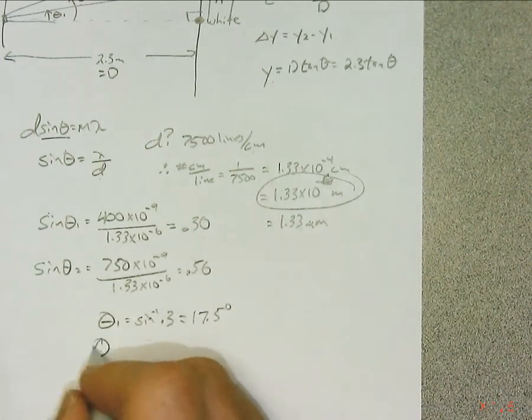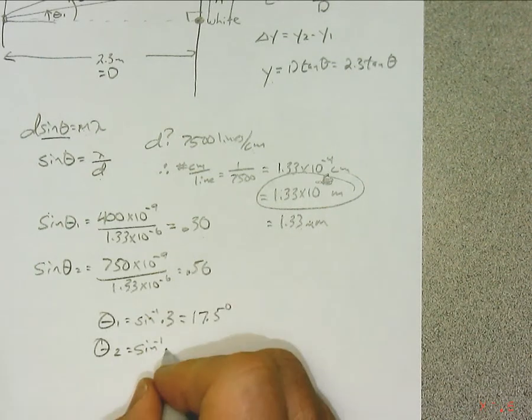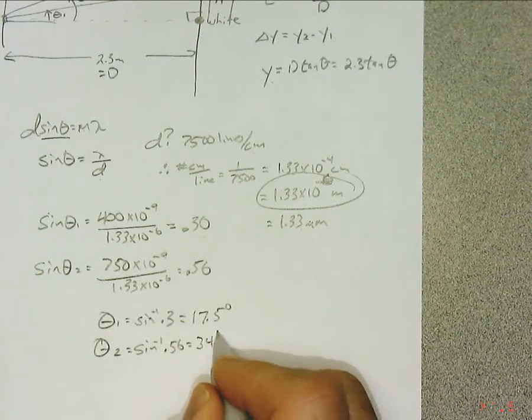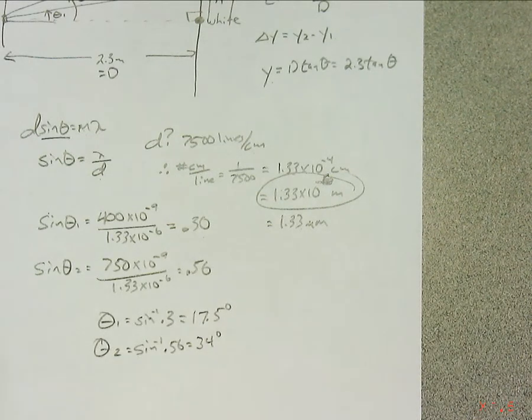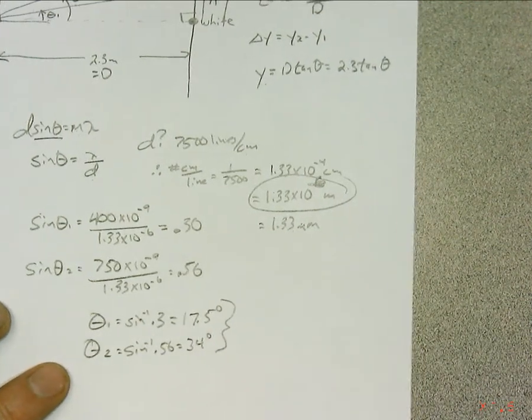Theta 2 is equal to the inverse sine of 0.56, which is 34 degrees. So we have those two angles, and now from that we can get our y values.